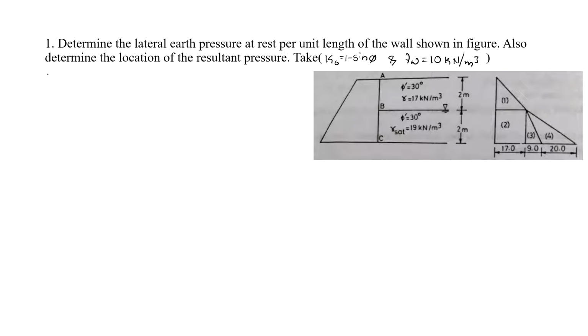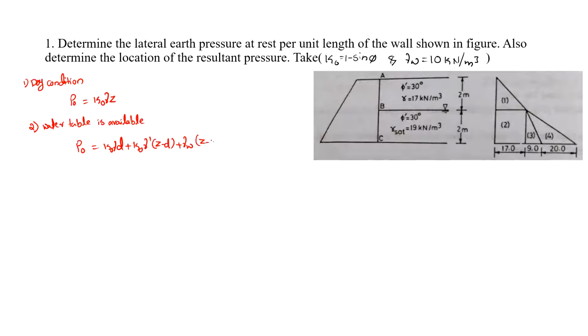If the entire backfill is in dry condition, our formula for the horizontal pressure is K naught gamma Z. When the water table is available, our P naught, the horizontal stress, is K naught gamma D plus K naught gamma dash into Z minus D plus gamma W into Z minus D. This is the formula to calculate the earth pressure at rest.